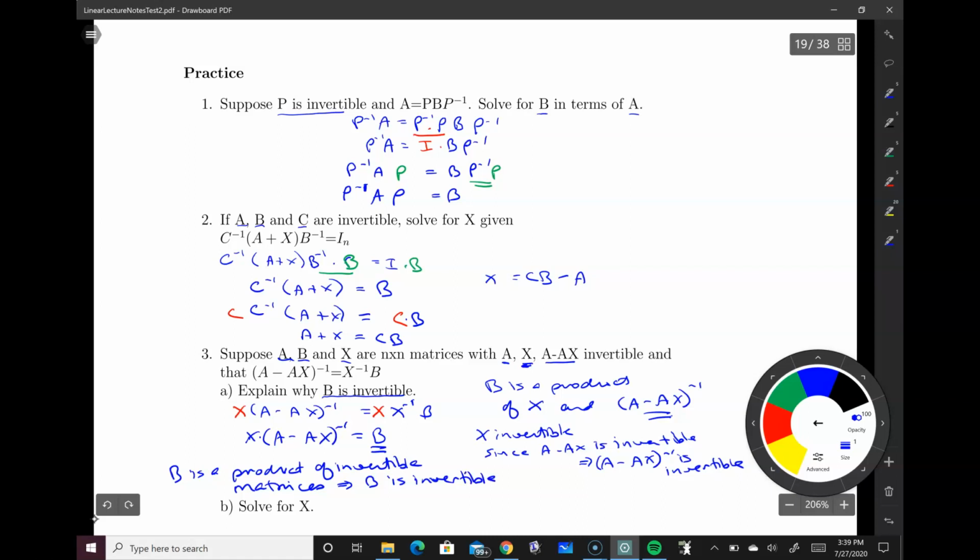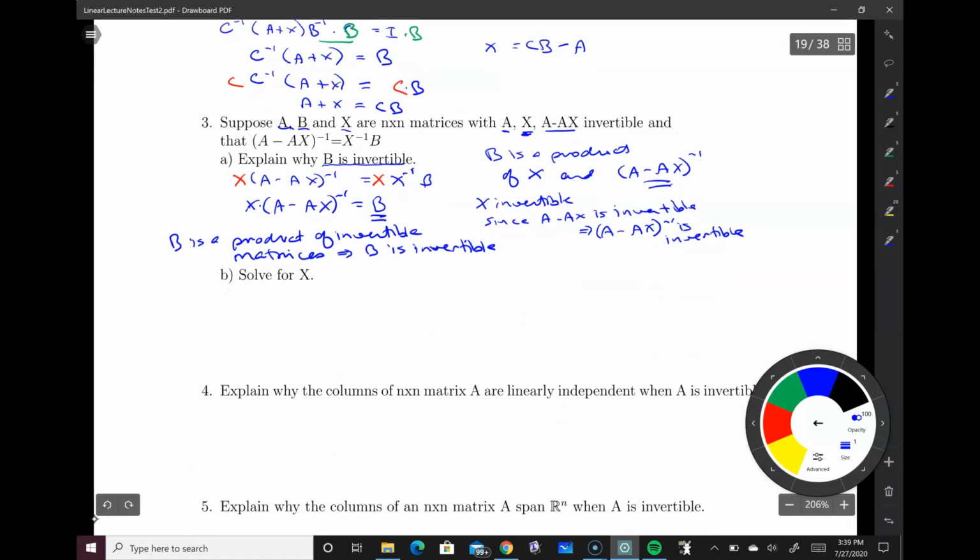All right, let's move on to this next one. So now I want to solve for X from this equation right here. So I'm going to take this equation and just write it down again.